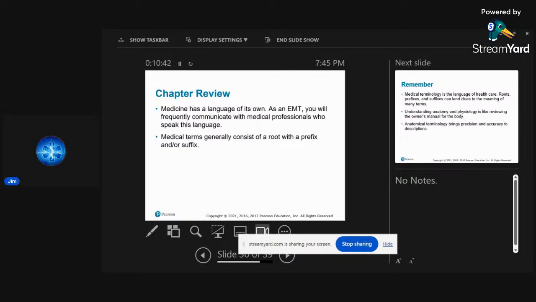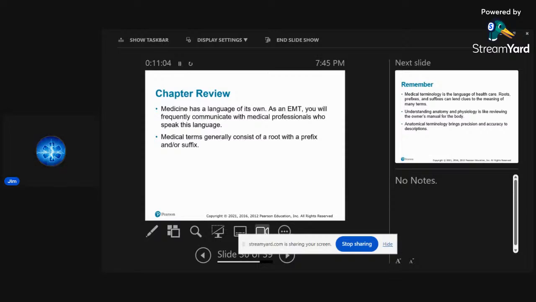But if you're going to use the medical term, make sure that you pronounce it right and know what it is. And when we're documenting, which we'll have a documentation class coming up, you'll want to document using simple terms. Maybe patient states has a history of high blood pressure, she's a diabetic, and so on.